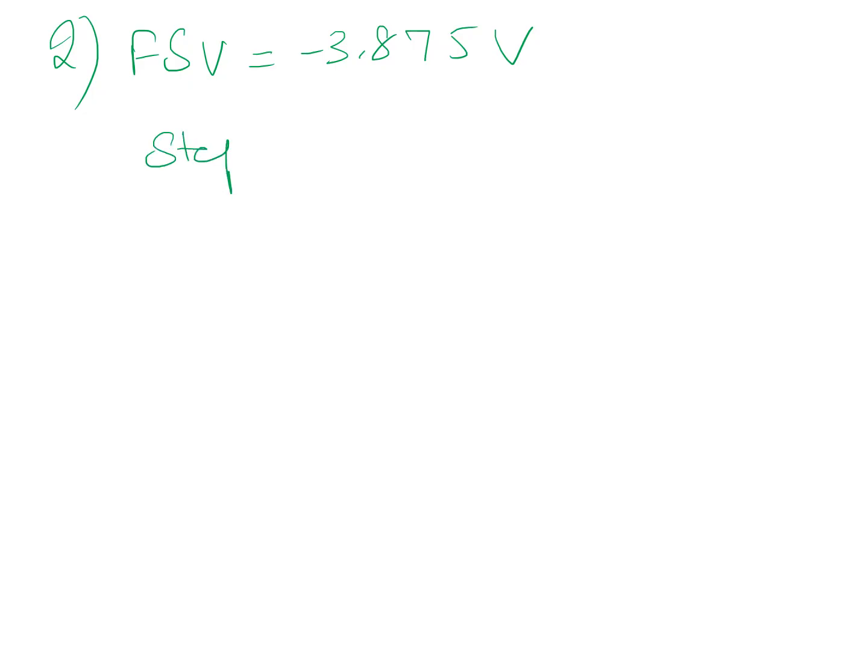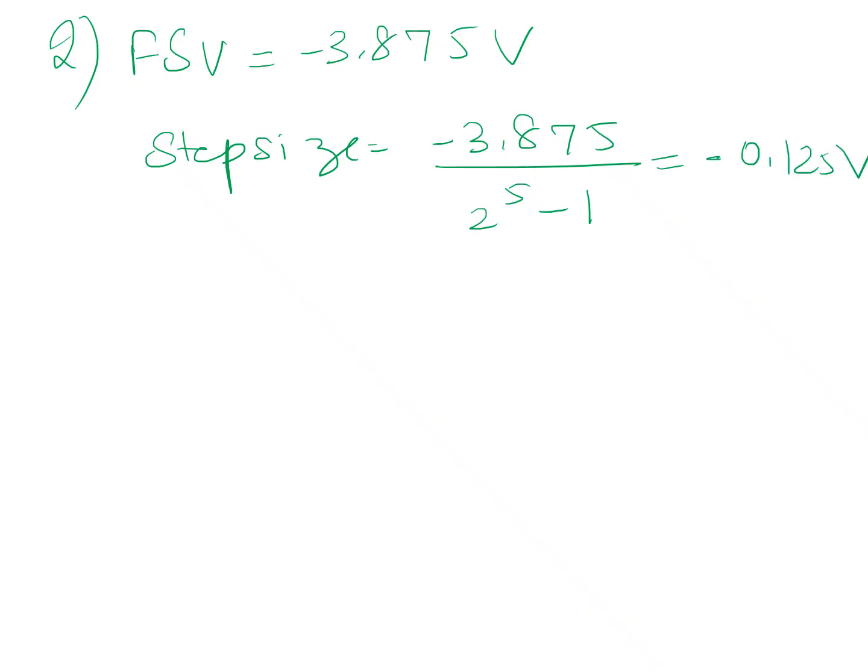Okay, we'll move into the solution of the second part of the circuit. The question was the full scale value of voltage is minus 3.875 volts. We need to find the R value. So step size is equal to minus 3.875 divided by 2 power 5 minus 1, which is equal to minus 0.125 volts.